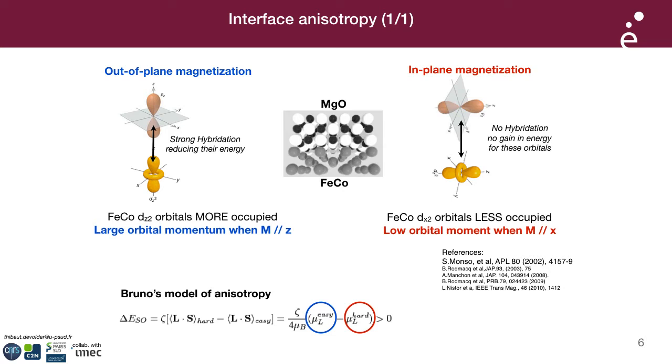So, how much the orbital momentum varies when you rotate the magnetization. And so as you can see, this situation of iron-cobalt MgO is very favorable for interface anisotropy because you expect a strong anisotropy of the angular momentum.